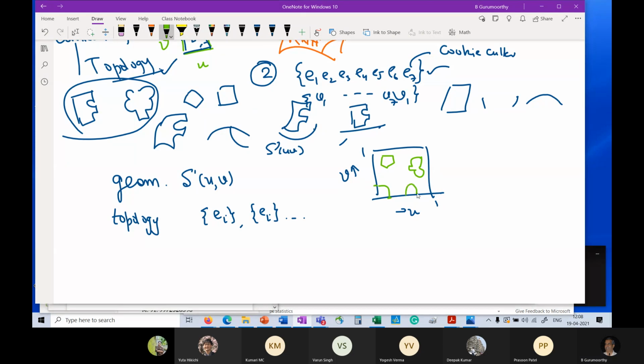It can be like this: you can start with E1 here, then E2, E3, E4, E5, E6. That's the first loop. And the second loop could be E7, E8, E9, E10. And then the next loop could be E11, E12, E13, E14, E15, E16, and so forth. And together these will constitute the representation of the trimmed patch.